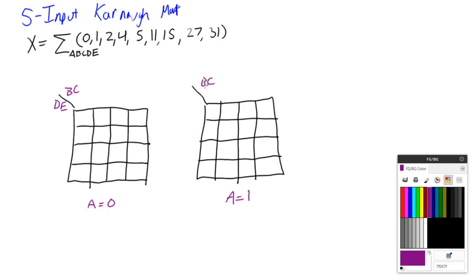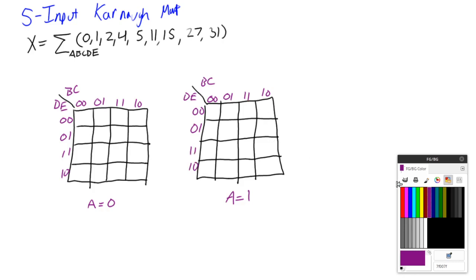B, C, D, E. And let me just label our numbers like normal. We've got 00, 01, 11, 10, 00, 01, 11, 10, 00, 01, 11, 10, 00, 01, 11, and 10.